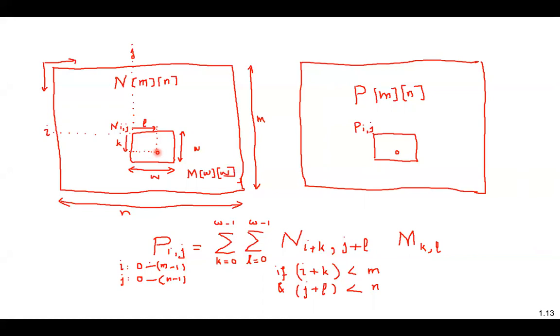For the image, there will be two outer for loops indexed by i and j. i ranges from 0 to m minus 1 and j ranges from 0 to n minus 1.